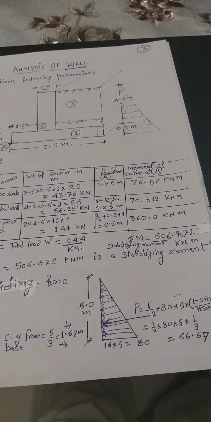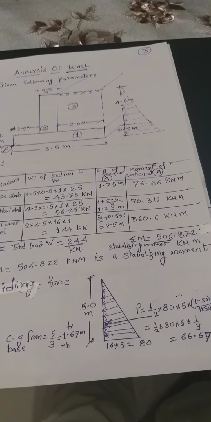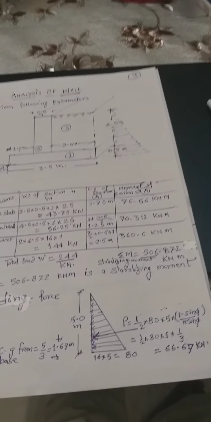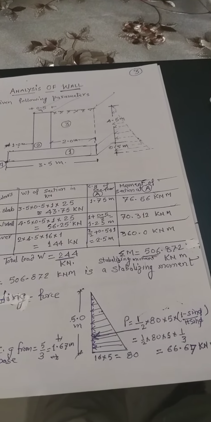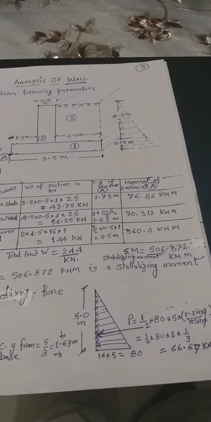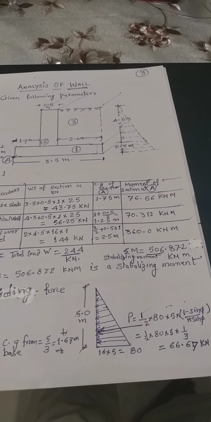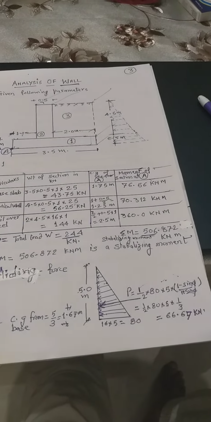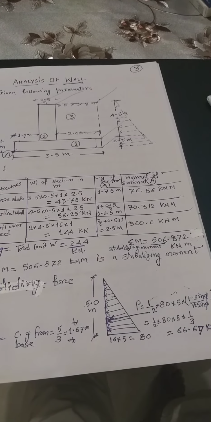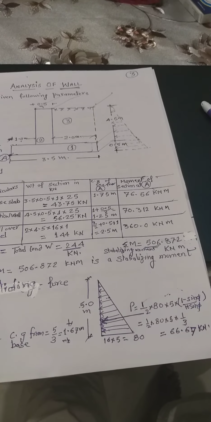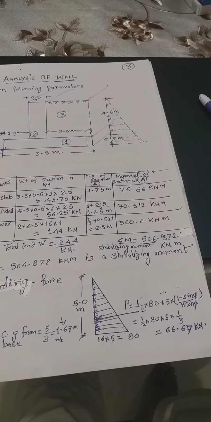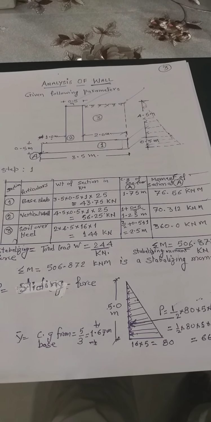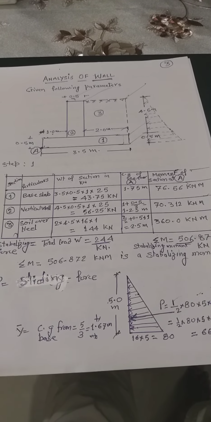That is the width of the toe, width of the stem or vertical wall, plus half the width of the heel, and it is just equal to 2.5 meter. The moment of this earth about A is nothing but the multiplication of 144 with 2.5 and it comes out to be 360 kilonewton meter.